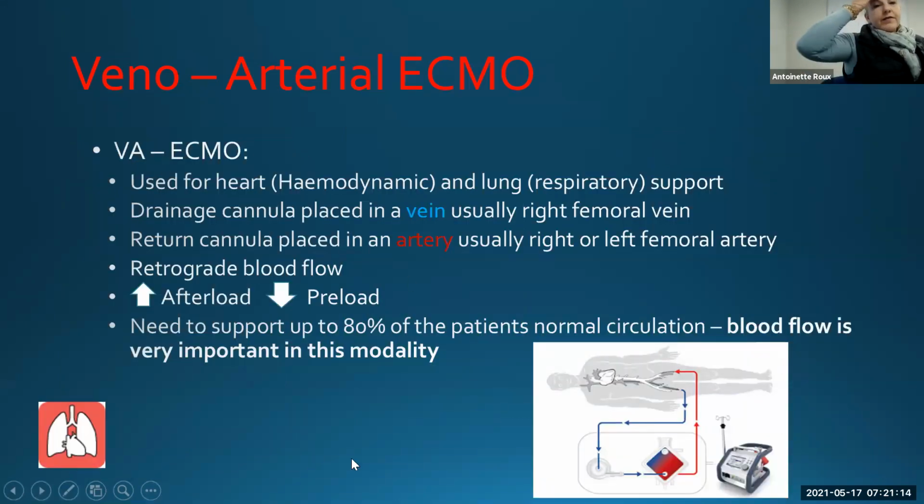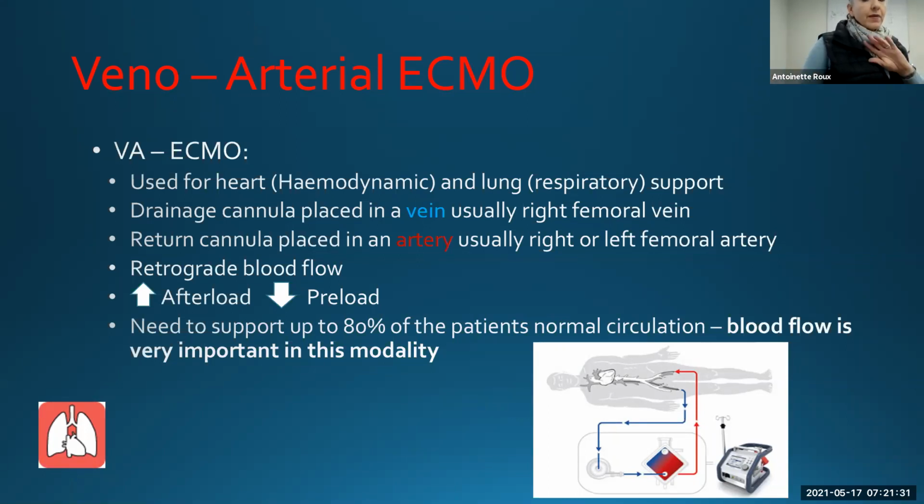All right. VA ECMO. So just to recap again, this is for heart and lung support. The drainage cannula is, like I said, in the vein. And it's important to see that the tip of this cannula is below the heart shadow when you do an X-ray.